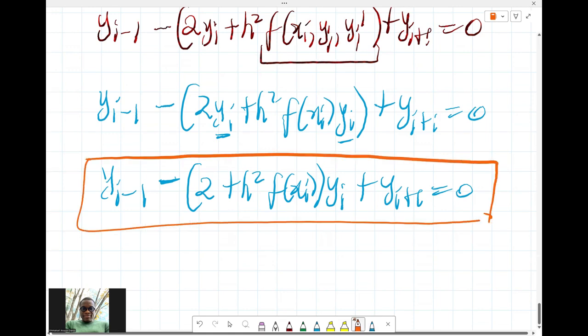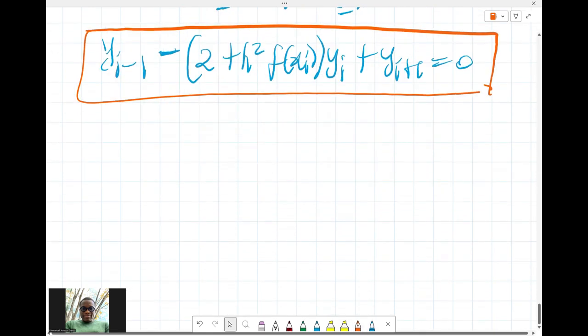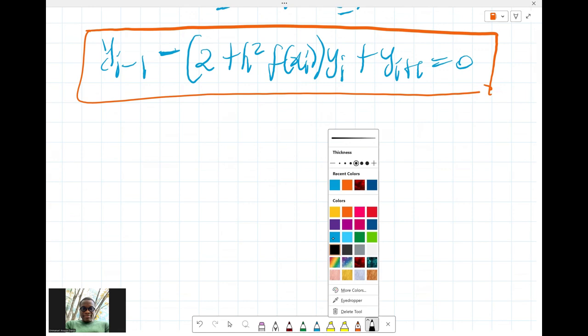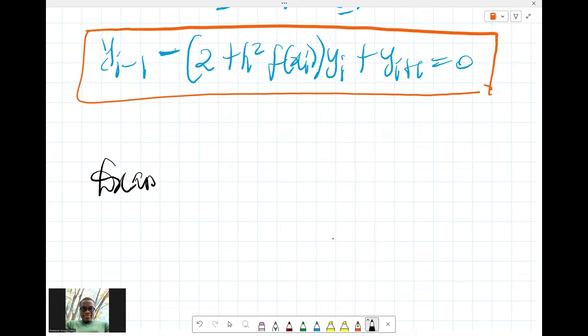Okay, so that goes. Now with that down, let's look at a worked example. Say we have an example now.